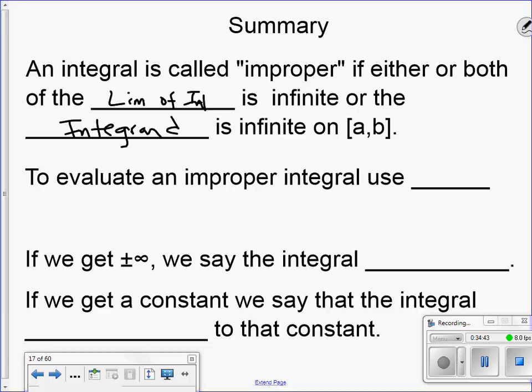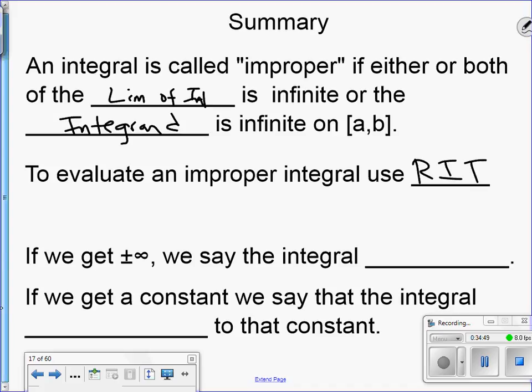To evaluate an improper integral, use limits. If we get plus or minus infinity, we say the integral diverges. If we get a constant, we say the integral converges to that constant.